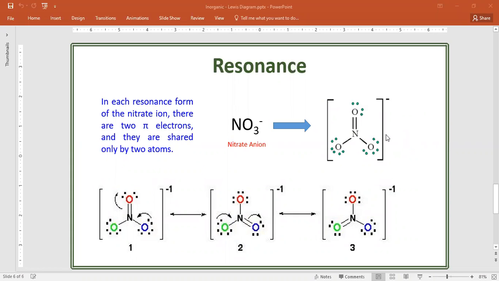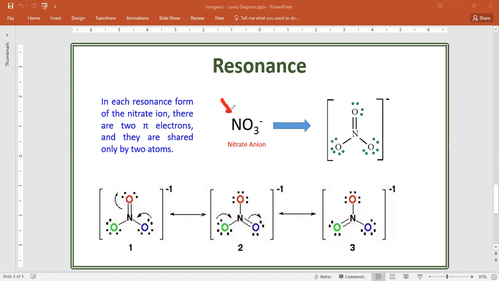Resonance is easy to understand from this particular example. We are taking the example of the nitrate anion. The nitrate anion has 1 nitrogen and 3 oxygens, with a negative charge. First, check the total valence electrons.